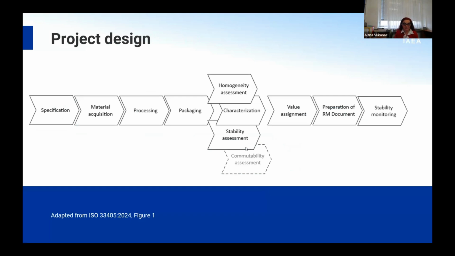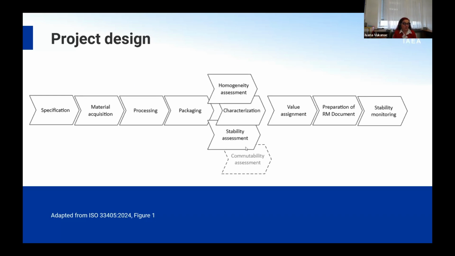Like in any activity, good planning is an important prerequisite for success. In a planning phase, all aspects of the project should be considered, starting with the specification and acquisition of the material, processing, packing, then stability and homogeneity assessment.